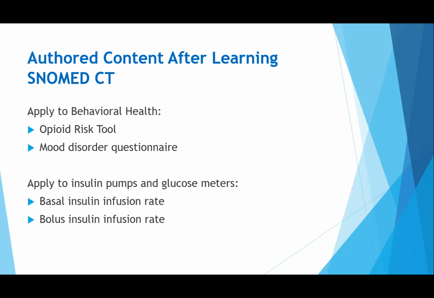And then also the content that applies to behavioral health, the opioid risk tool, to see if we utilize that tool and the identifier to help see if the patient should be on non-opioid alternatives. And then some of the other material here can apply to insulin pumps and glucose meters, which is the basal insulin infusion rate and the bolus insulin infusion rate.